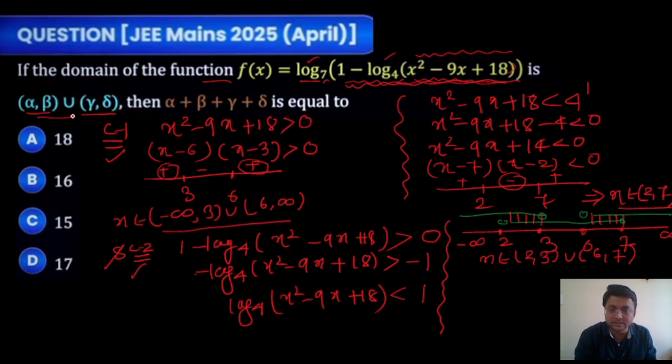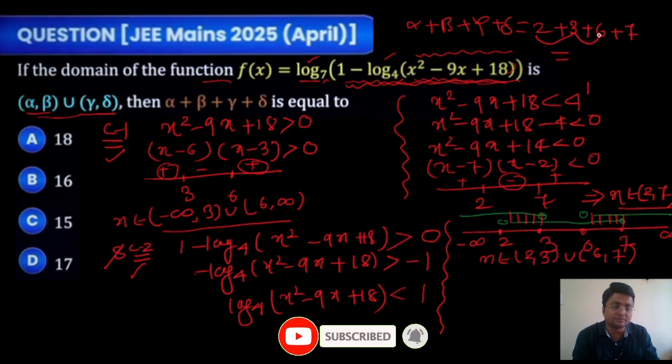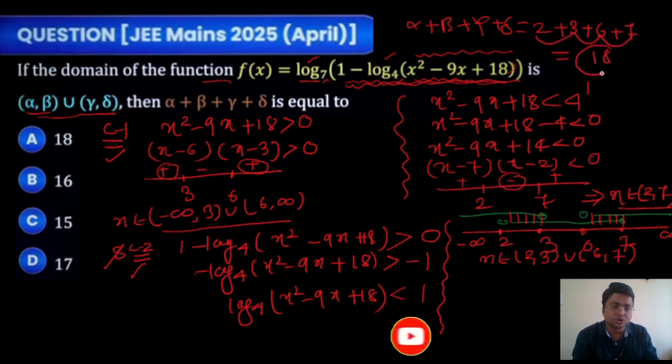Alpha is 2, beta is 3, gamma is 6 and delta is 7. So you add: 3 plus 2 is 5, plus 6 is 11, plus 7 is 18. Just check the options. Your correct option is A. So 18 is the right answer.